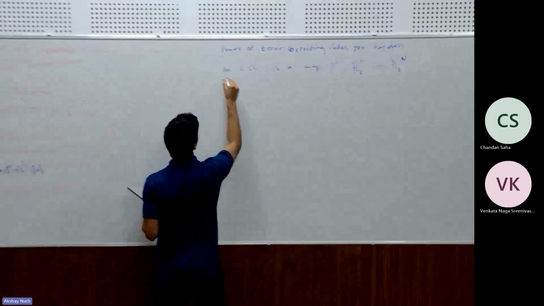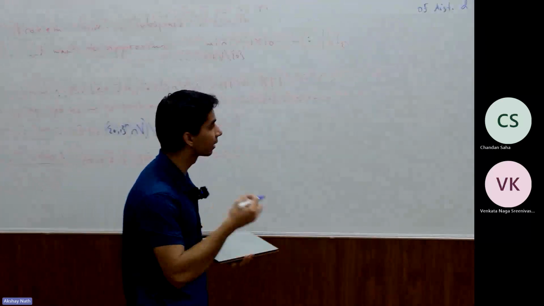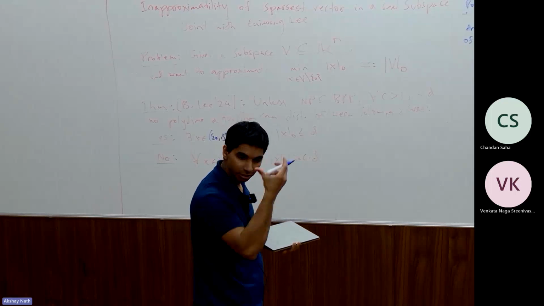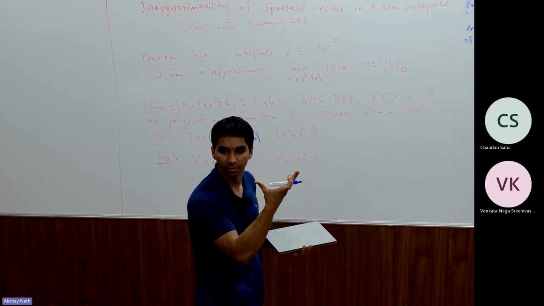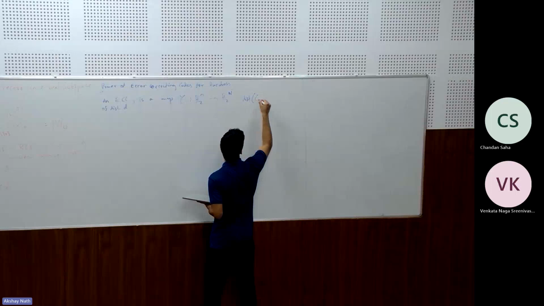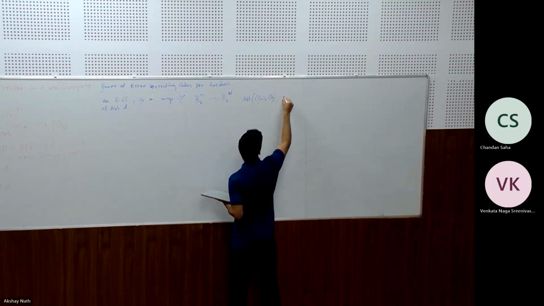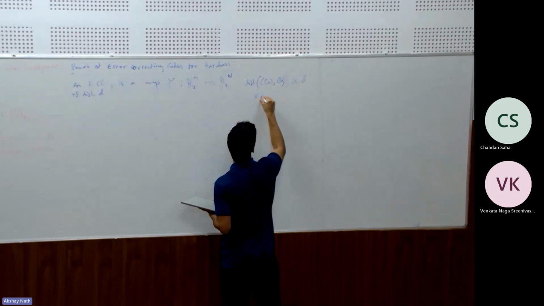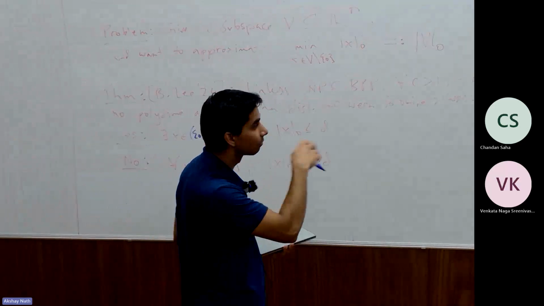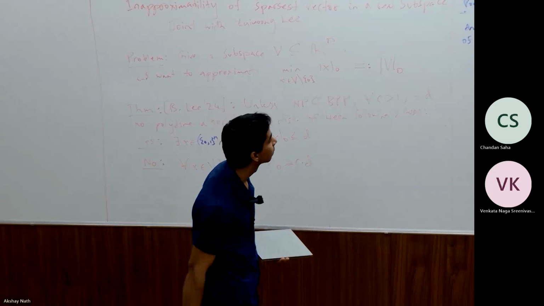An error correcting code of distance d, let's say, is a map mapping vectors from a smaller space to vectors of a bigger space, such that for any two non-equal vectors, their distance after the mapping is big. The distance of C of x and C of y is at least d for all x not equal to y. And here by distance over finite fields, we mean the number of entries on which they disagree, so the Hamming distance.